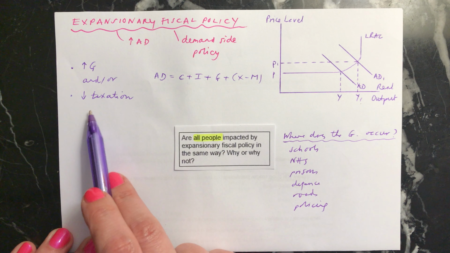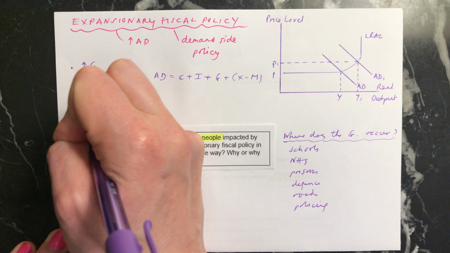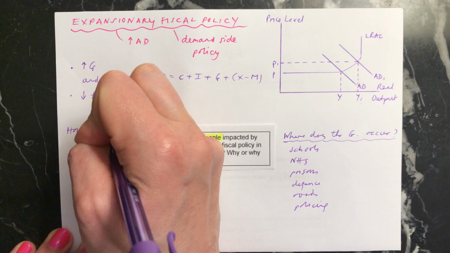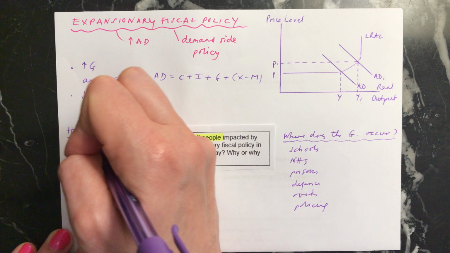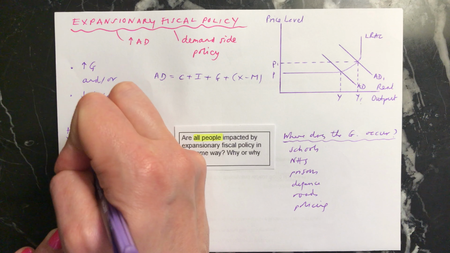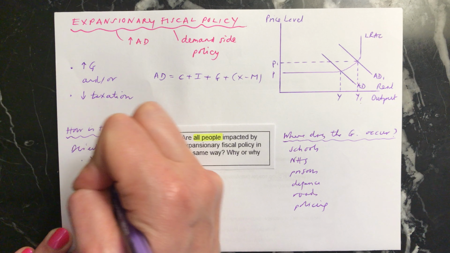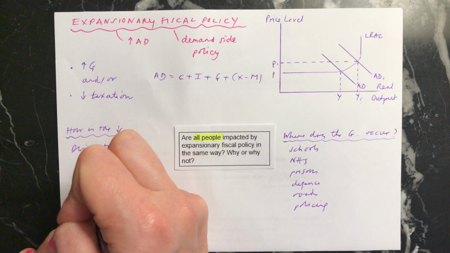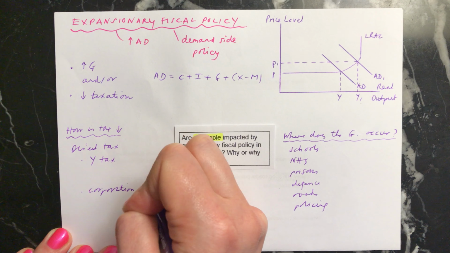Another point is, if we're decreasing taxation, how is this done? So how is tax decreased? So are we talking about direct taxes being changed? So are we talking about income tax being changed? Are we talking about corporation tax being changed?